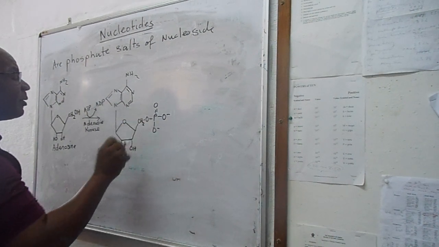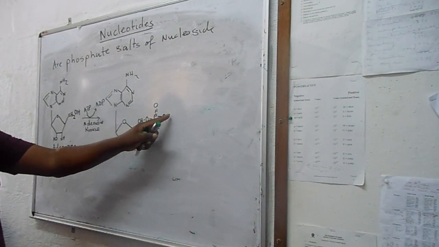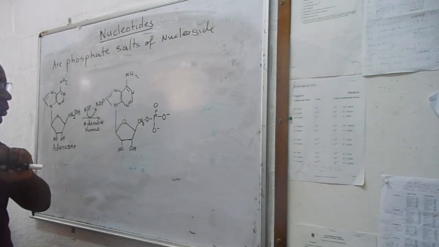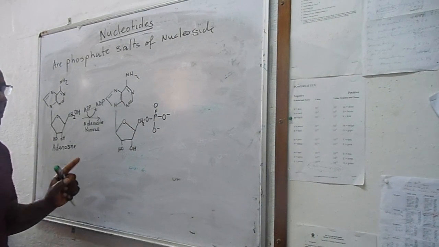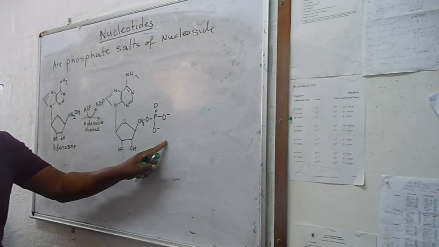One thing you observe is, look at the way I've written these oxygens. I told you when I was talking about phosphoric acid, it dissociates to form dihydrogen phosphate, then hydrogen phosphate, and then phosphate. I told you that at a pH of 7.2, this is how it is occurring in the body.